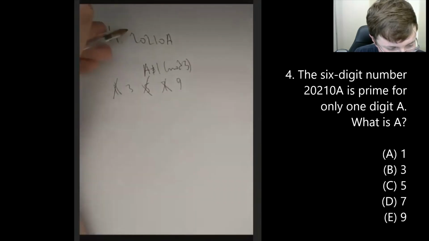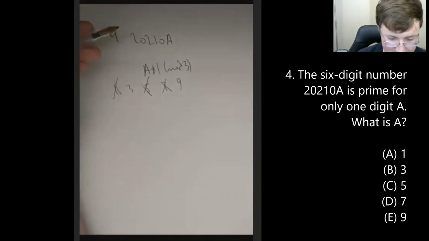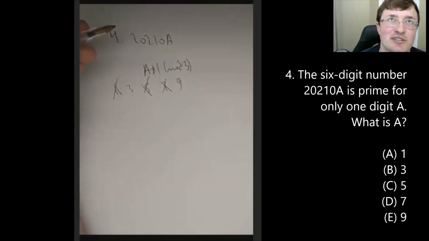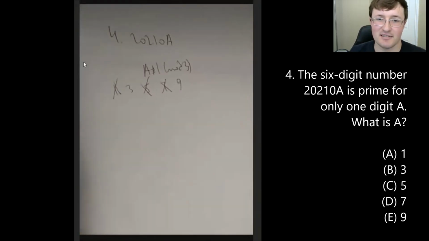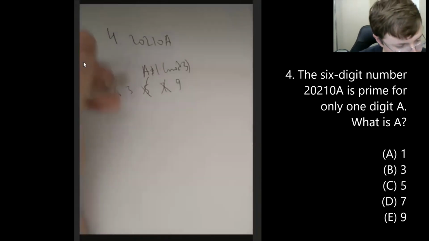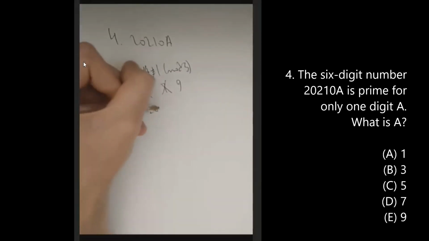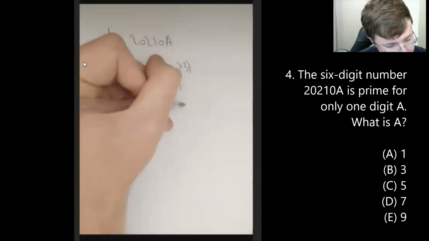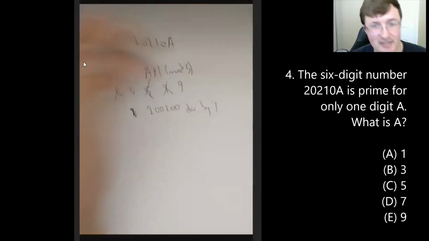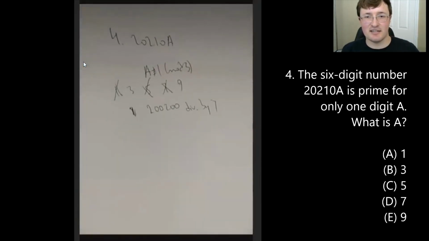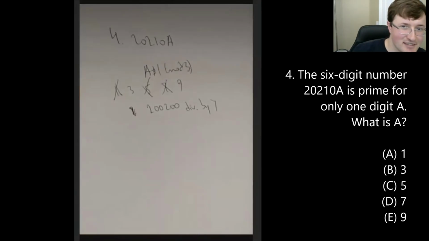So let's see, 200,000. Oof. Well, I know 1,001 is a multiple of 7. So if I multiply that by 200, 200,200, it's divisible by 7. Okay. Let's see.